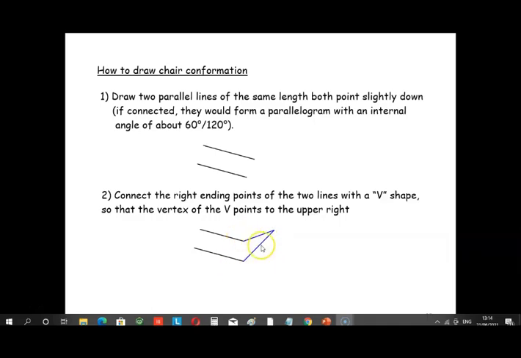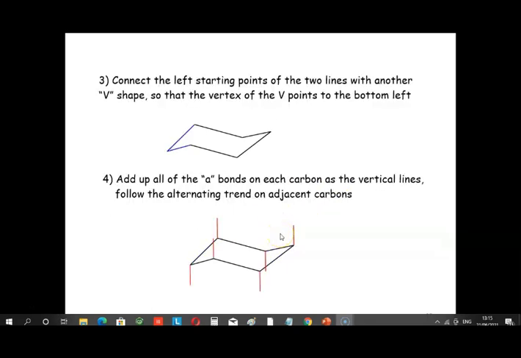Now we have to connect the right ending points of the two lines with a V shape, so that the vertex of the V points to the upper right. In a similar way, we connect the left starting points of both the parallel lines using a V shape so that the vertex of the V points to the bottom left.